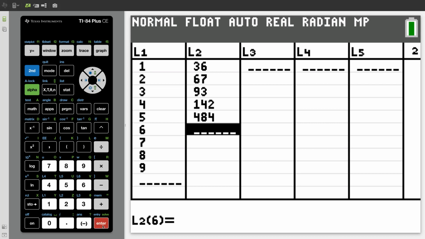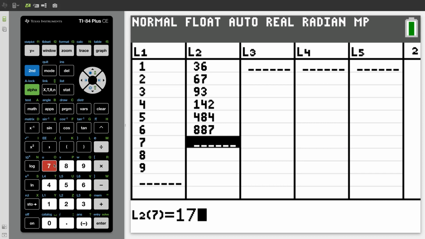Venus was 2. I'm going backwards. And then Saturn is 887. Next would be, I love how they changed the name, it used to be Uranus, but now they say Uranus. Uranus is 17, it's 84, not 48.